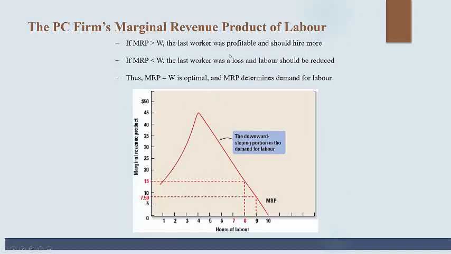Now as you will remember, you could have marginal product of labor increase and then decrease. If that's the case, then your marginal revenue product will increase and then decrease. The labor demand curve will only be the downward sloping portion of the marginal revenue product curve. Similar reason why the marginal cost curve is only the upward sloping portion of the curve.